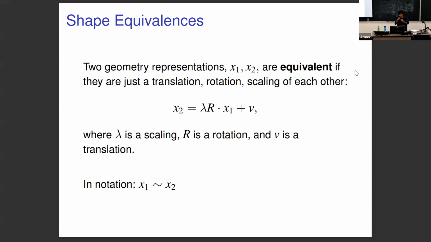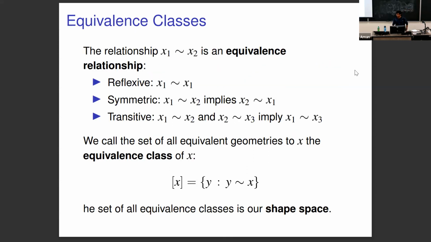All right. So let's concretely look at, oh yeah, so again, the equivalence relation is just x1 tilde x2. There are three properties of this equivalence that I forgot to mention. This relationship is reflexive, which means x1 will always be equivalent to itself, right? So any shape is always equivalent to its own shape.